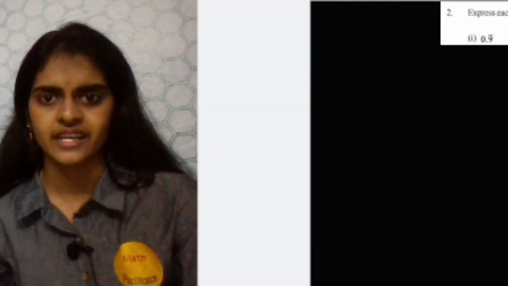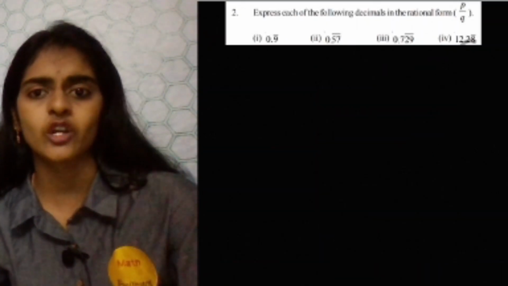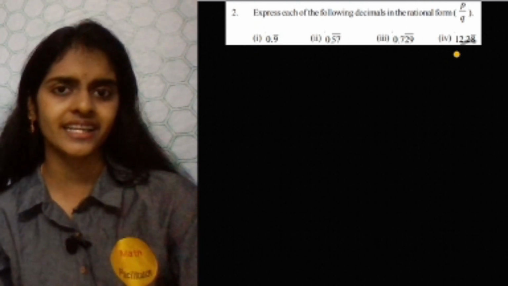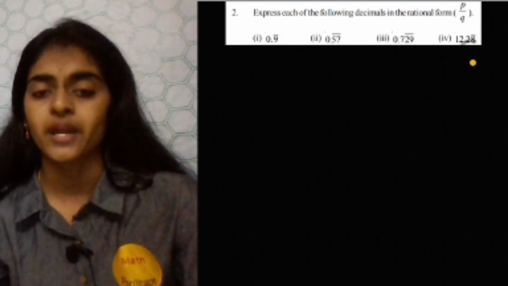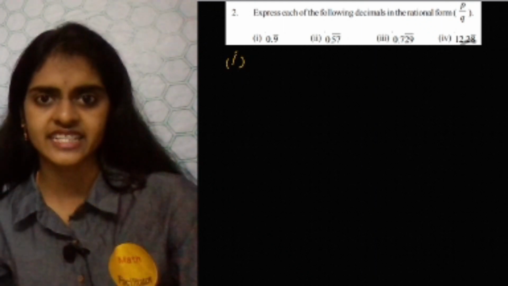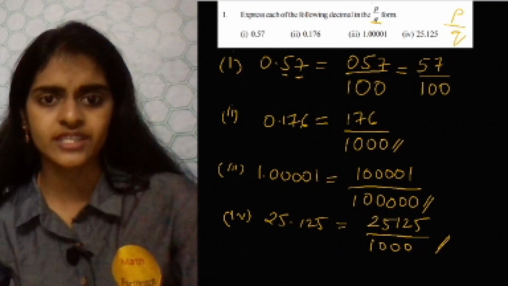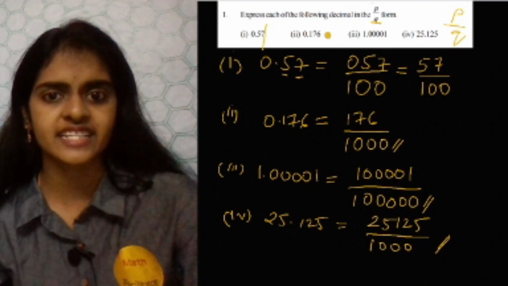Now in the next question, you have to express each of the following decimals in the rational form. Here also you have decimal numbers, and you have to express these decimal numbers in rational form, again p by q form. But here you see, in the previous question the decimals which were given are terminating. That means there is an end to these decimal places.